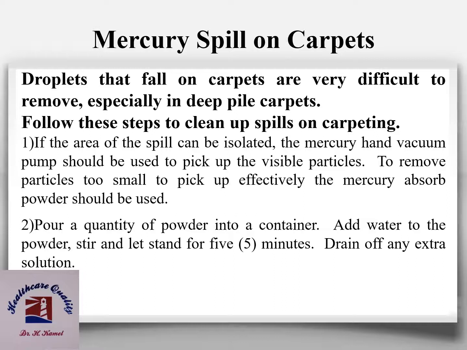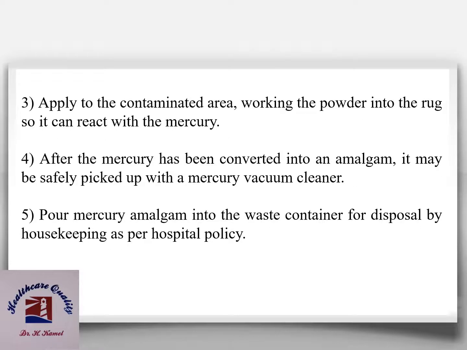Pour a quantity of powder into a container, add water to the powder, and let it stand for 5 minutes. Drain off any extra solution. Apply to the contaminated area, working the powder into the rug so it can react with the mercury.